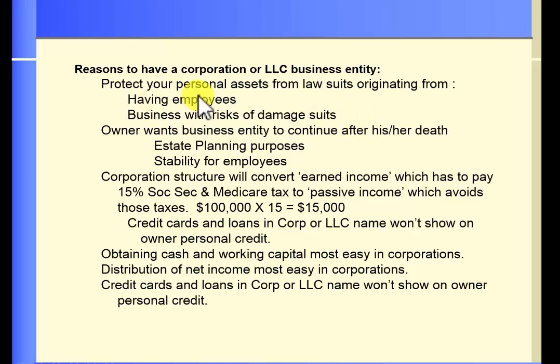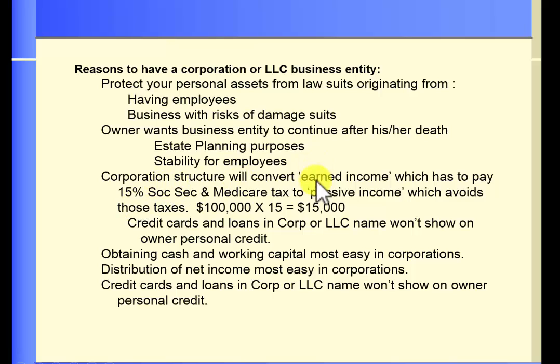You don't want that owner to be able to get past your business assets and get your personal residence. Also, an owner wants a business entity to continue after his or her death. Well, you set up an LLC or a corporation to do that. When you have children and heirs, these become significant, important issues. So they can be part of estate planning purposes, and they also provide stability for the employees.